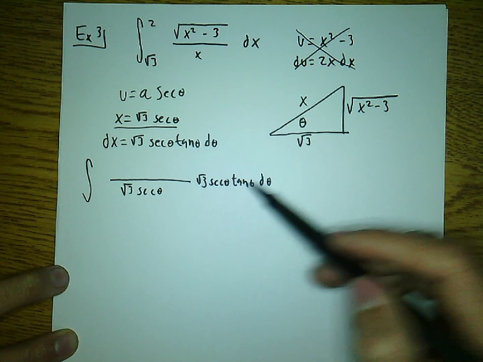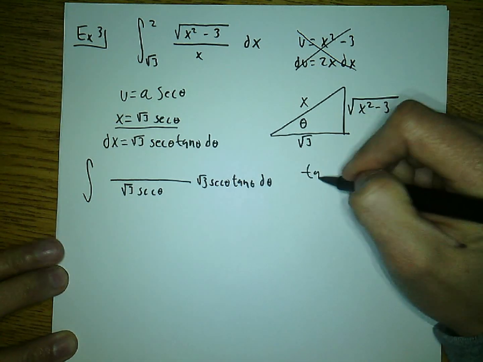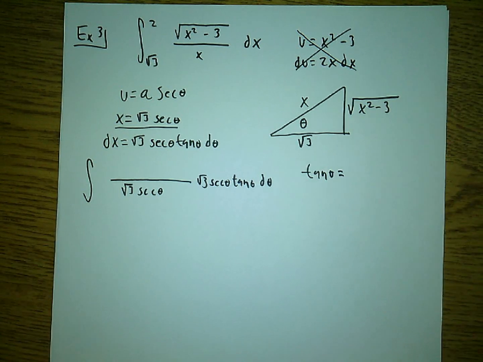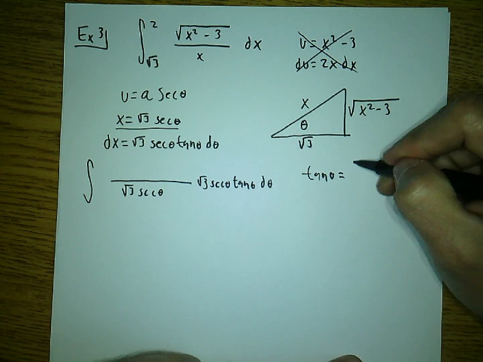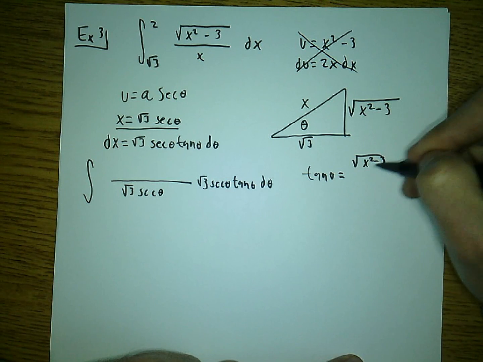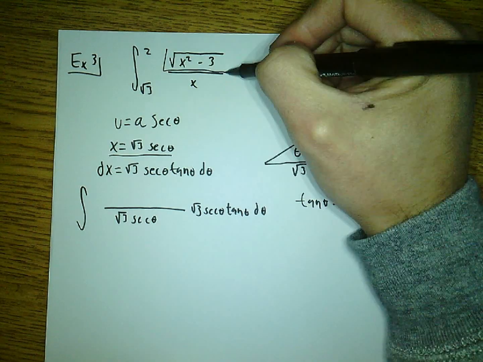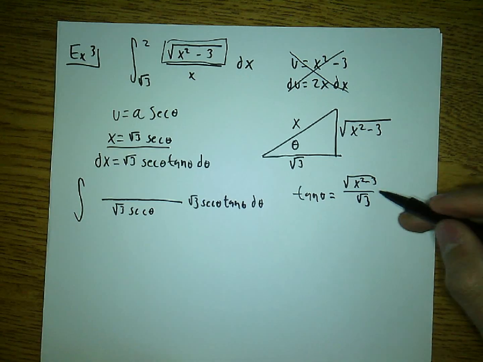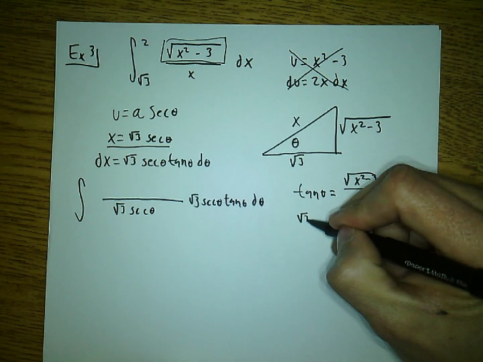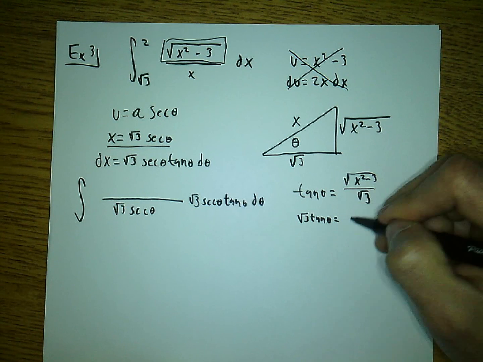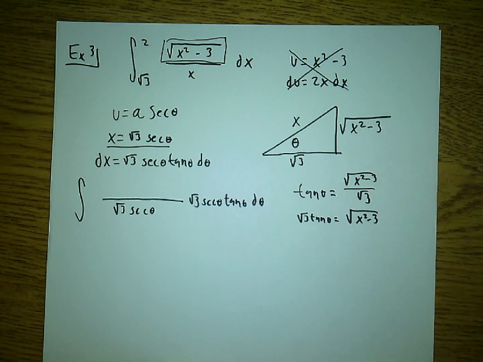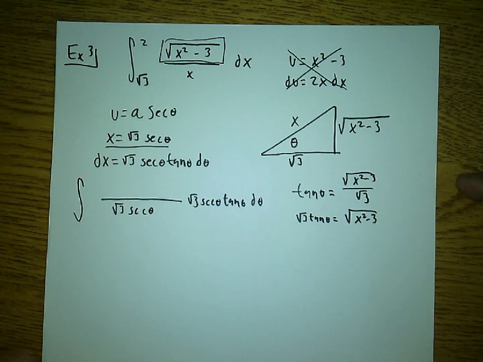Yes. So what's the tangent of this triangle? Root x squared minus 3 over root 3. Cool. Now remember, I'm trying to replace square root of x squared minus 3, so I have to solve for that. So that means root 3 tangent of theta is equal to square root of x squared minus 3. Yes, no, maybe.